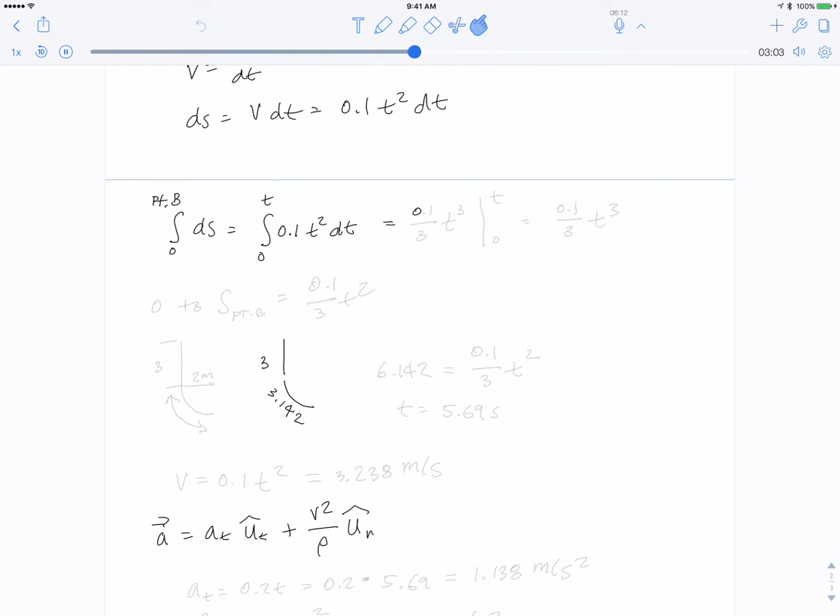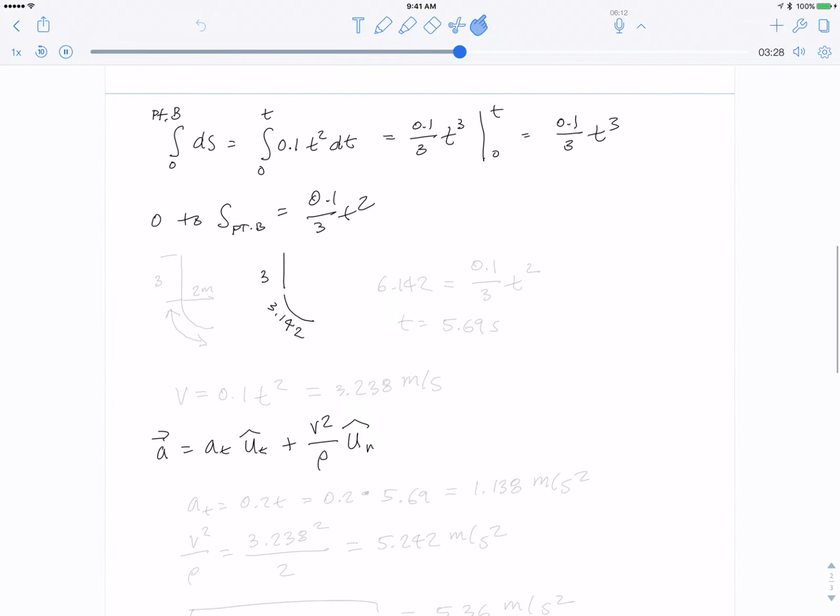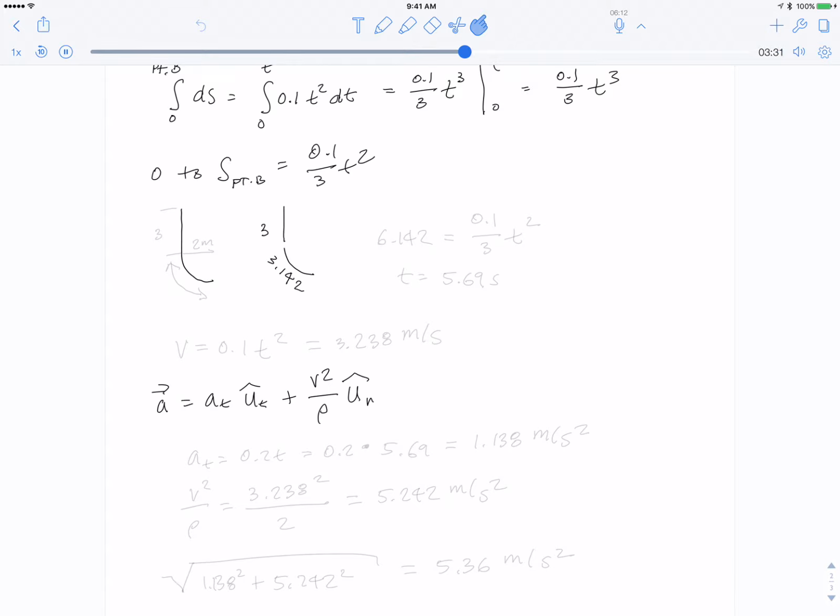That integral's pretty easy. It's 0.1 over 3 t cubed from 0 to t, which is 0.1 over 3 t cubed. So s at point B equals 0.1 over 3 t cubed. What we need to do is figure out how long this is.